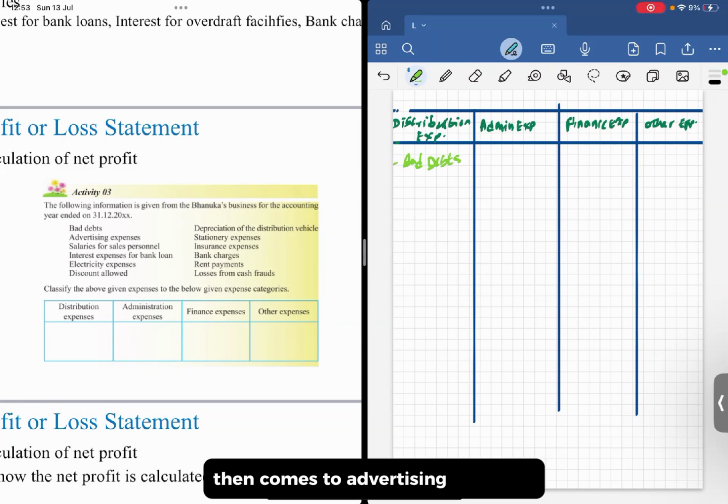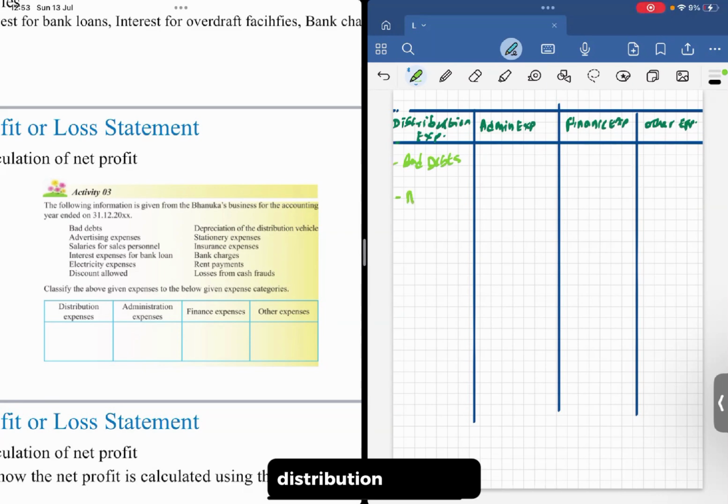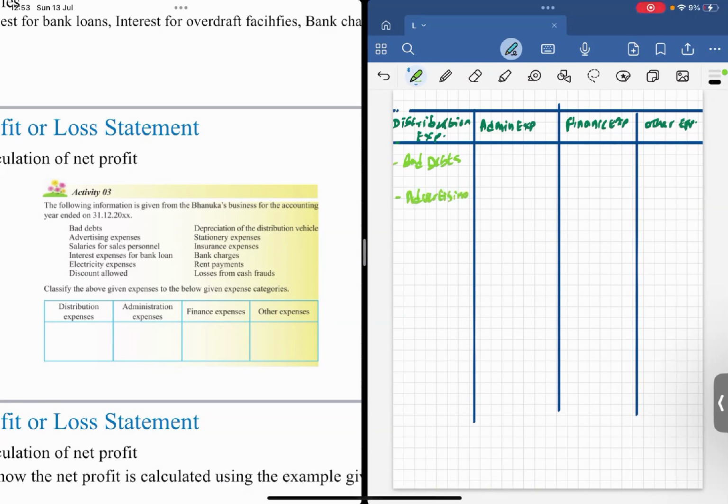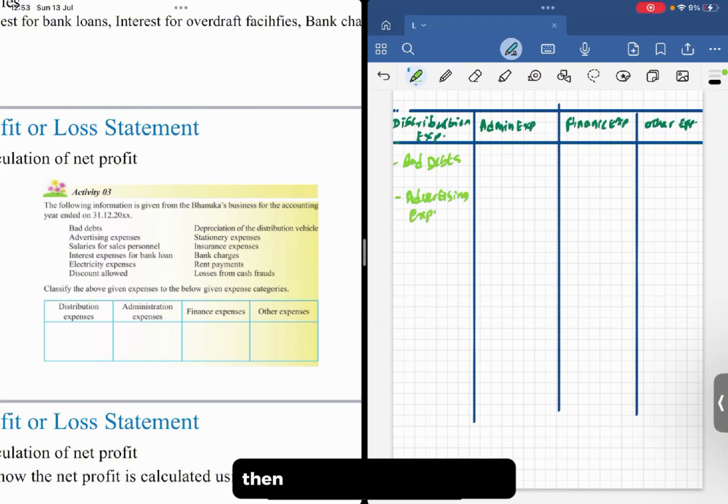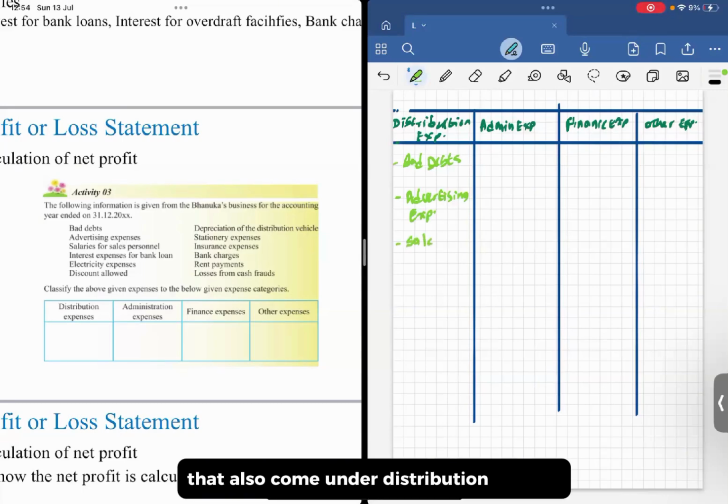Then comes the advertising expenses. Advertising expenses are also under distribution expenses. Then salaries for sales personnel. That also comes under distribution.